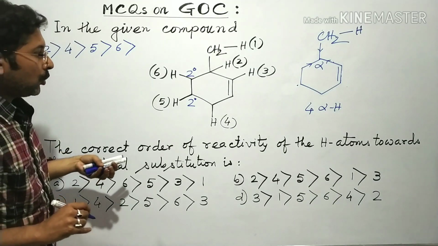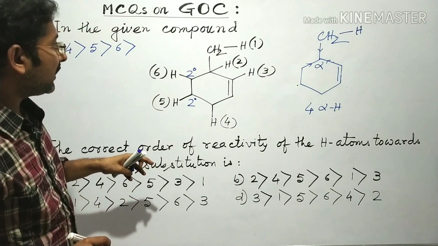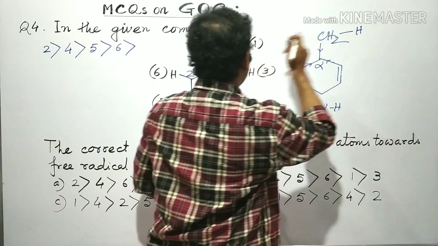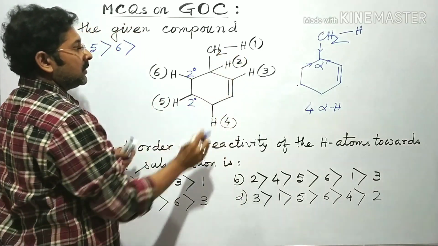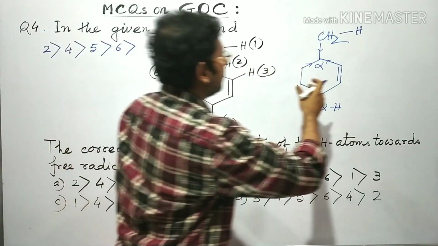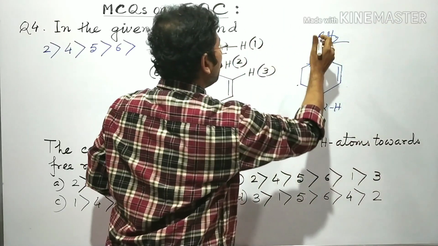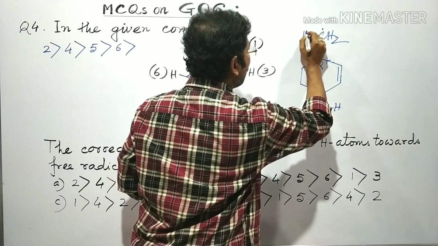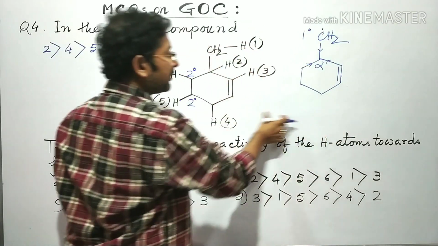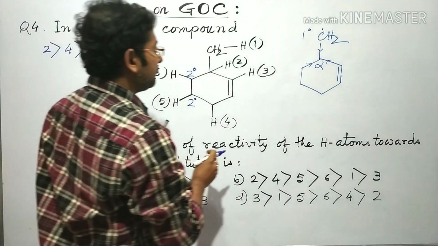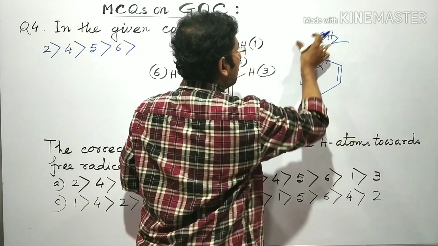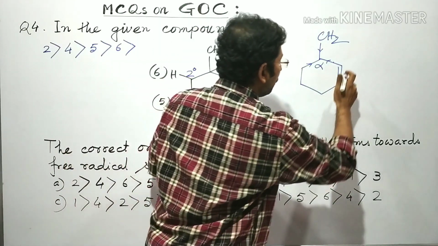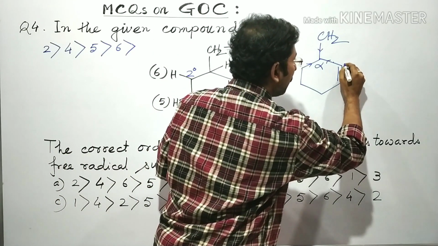Now what about free radical 1 and 3? Okay, look at here. When this bond is broken, this free radical will be formed. Now obviously this is a 1 degree free radical which is not so stable, but if this carbon hydrogen bond is broken, then this free radical will be formed.